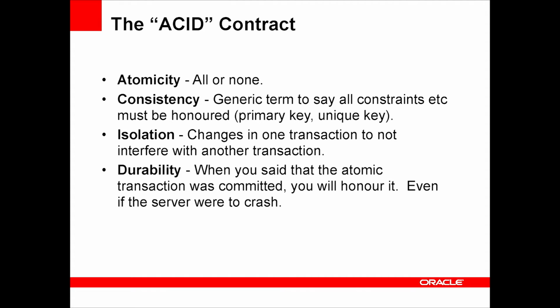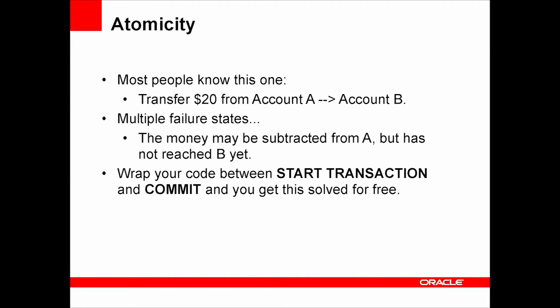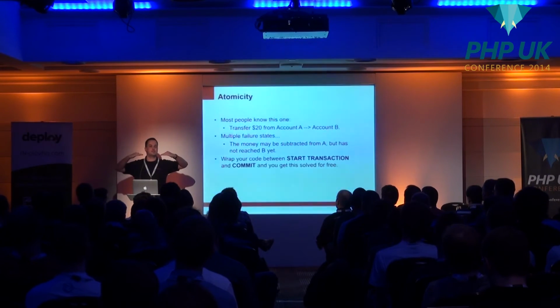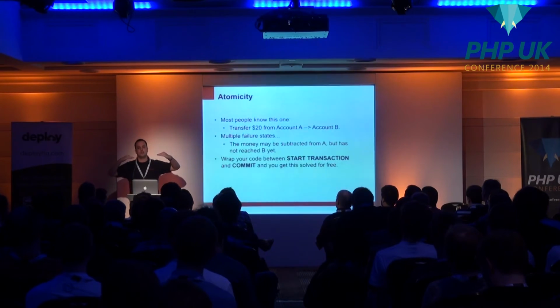Let's go into details. So atomicity, most people know this one, so I don't have to hop on it too much. It means that if you were to write a query, or a couple of queries, to transfer money from account A to account B, we can't end up with one account having $120 and one having $100, if it was a starting balance of $100 each.